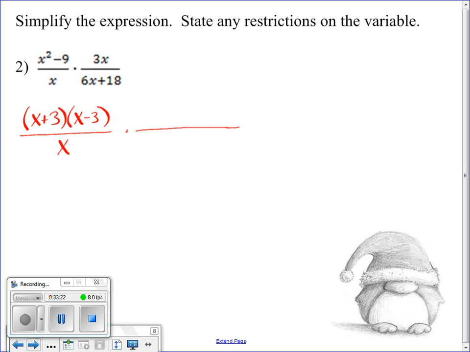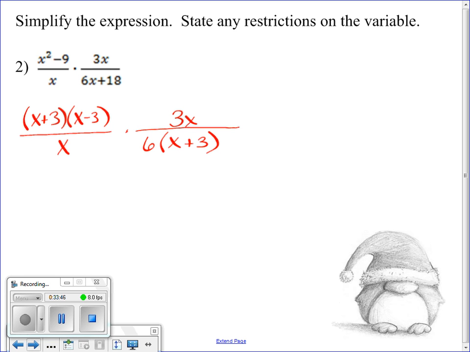On the top, just a 3x. And on the bottom, how's that factor? Yep. 6. 6 is your GCF. So then we have x plus 3. Okay, so step 1, factor absolutely everything that you can.